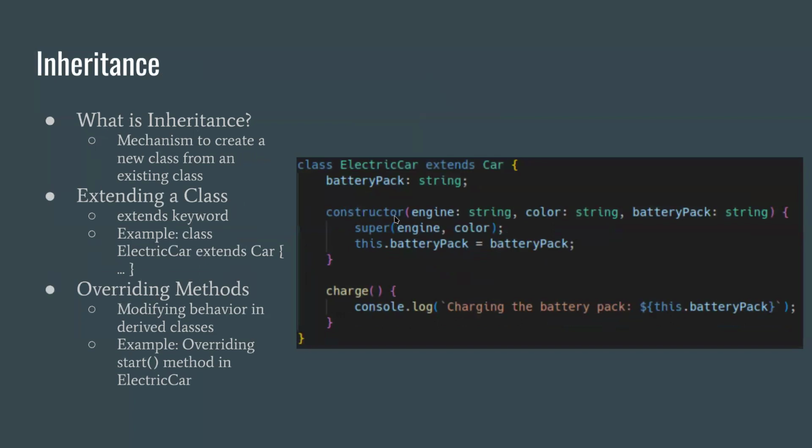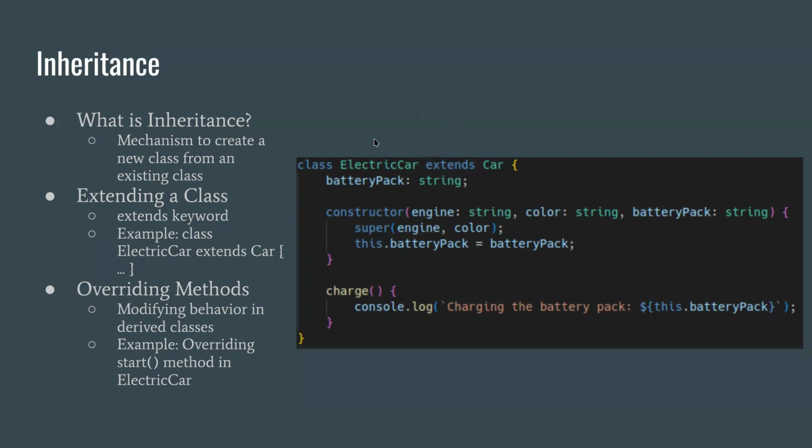Inheritance. So inheritance allows us to create a new class based on an existing class. When that happens, the new class inherits all the properties and methods of the existing class. In TypeScript, we use the extends keyword for inheritance.